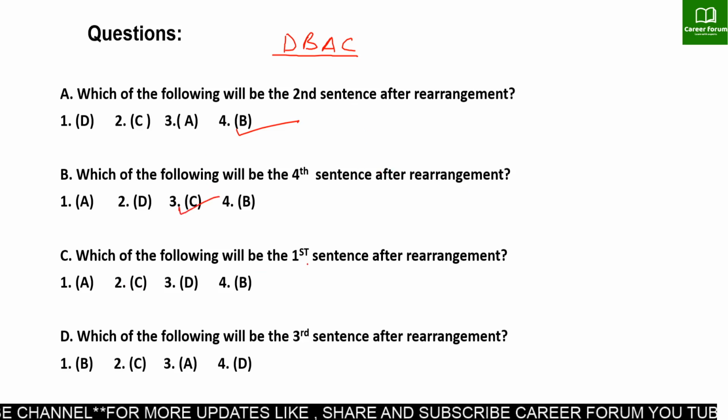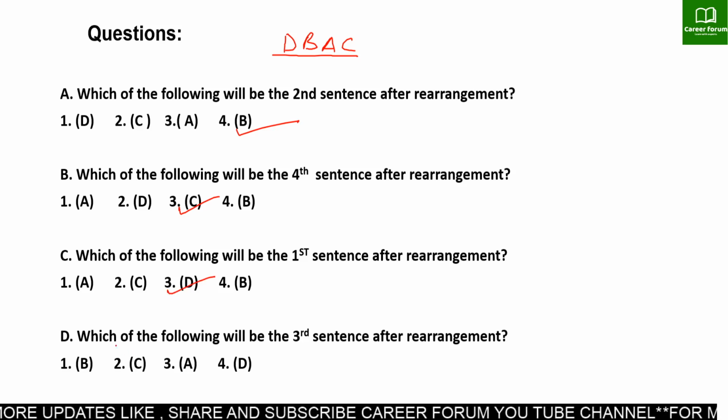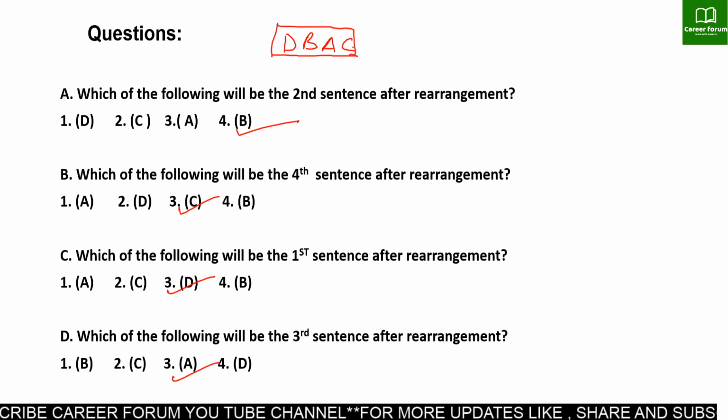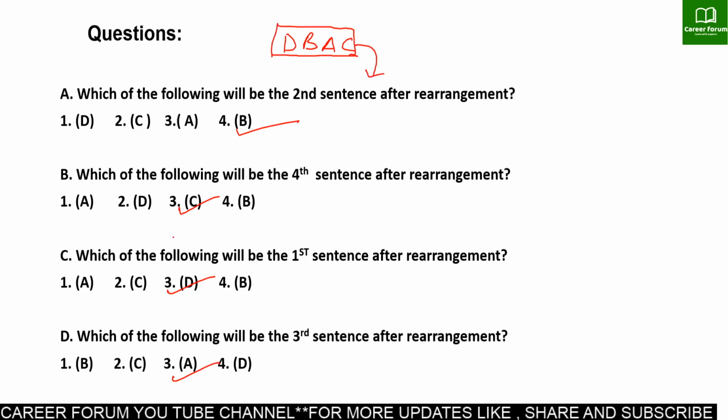Which of the following will be the first sentence after rearrangement? We all know that the answer is D because we have solved it here. Which of the following will be the third sentence after rearrangement? So third is A, again because we know. So it is important to first arrange those sentences and then solve the questions accordingly. You can't just randomly pick the options. This is completely wrong.